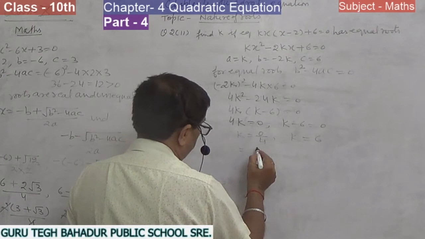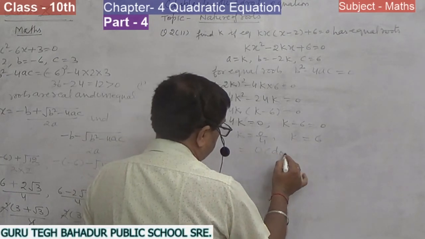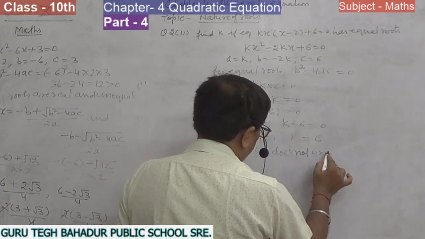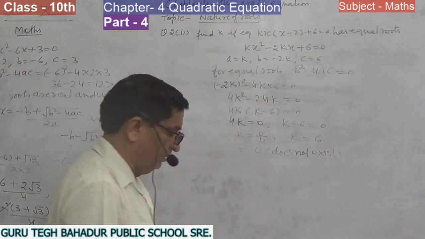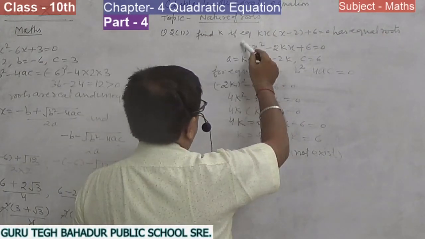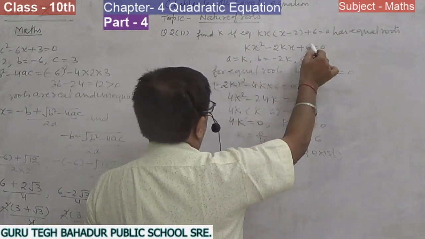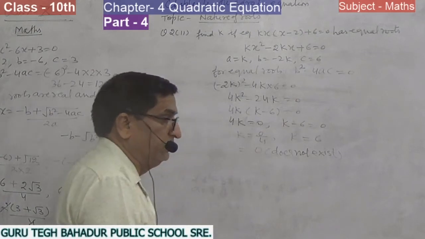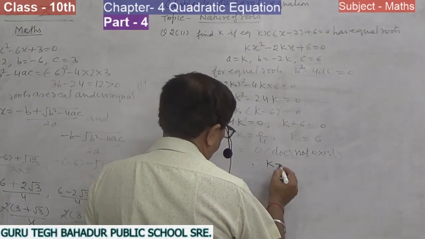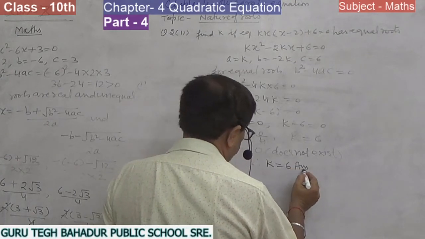So k is equal to 0 does not exist, because if we put the value of k as 0 in this equation, it will be 6 equal to 0, which is not possible. So therefore k is equal to 6 is the answer.